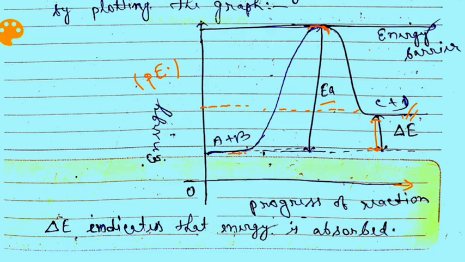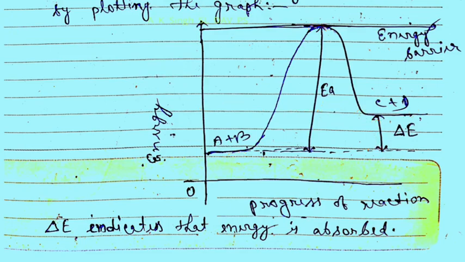Now the difference in between the final energy and initial energy is less than 0. Delta E clearly indicates this energy is absorbed.